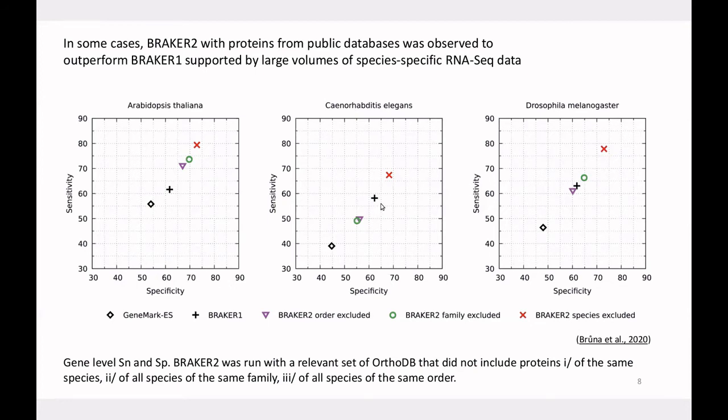So obviously what you want to do, if you have both sources of information, is to use both and hopefully arrive at some point which would be here, something which combines the strengths of both of these approaches. And this is a project which we call BRAKER3 now, and that's work in progress to have a good way of integrating both RNA-seq and protein data to improve the prediction accuracy.